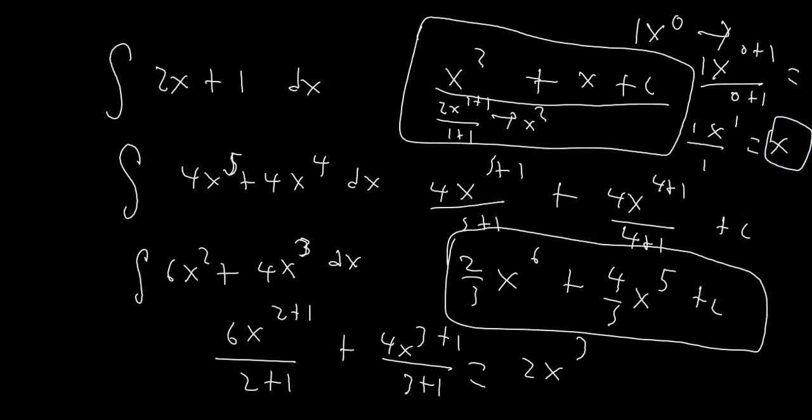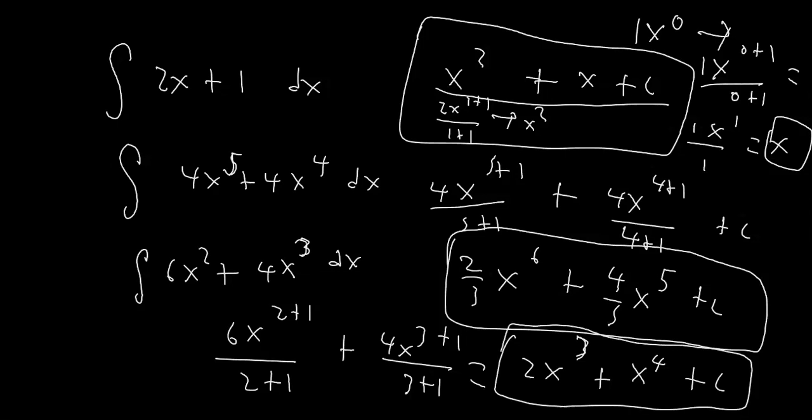So yeah, 2 times x to the 3rd power plus 4 over 4, which is then just 1. So then we have to write that again. And then let's do the 4th power, because 3 plus 1 is just 4. So this is our answer right here.